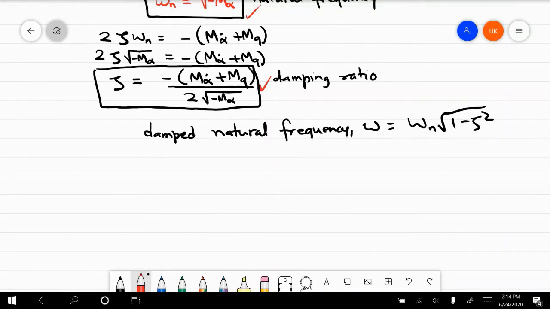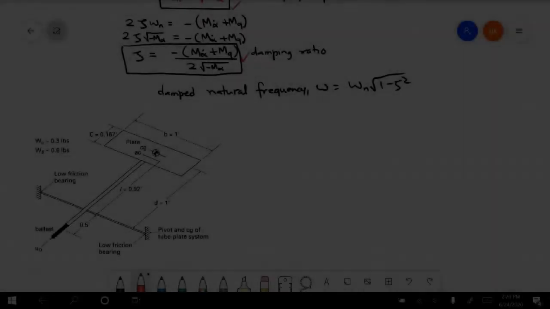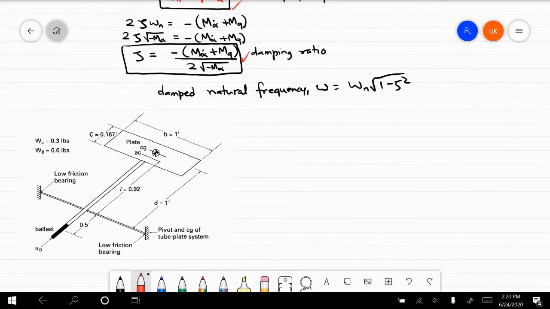But for now, if we only want to see how the equations that we have obtained today can be useful, we can actually take a shortcut. Let me first explain what is happening here. There is a rod here. At the end of the rod a plate is attached, and the rod is free to rotate up and down about this thin bar.